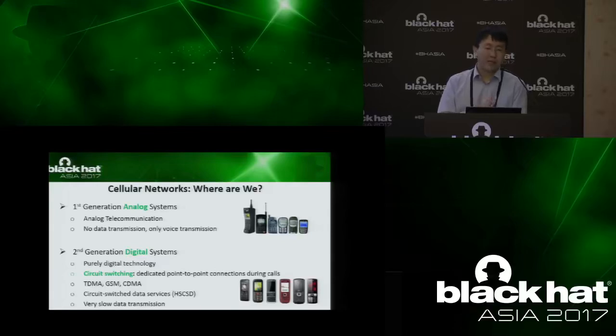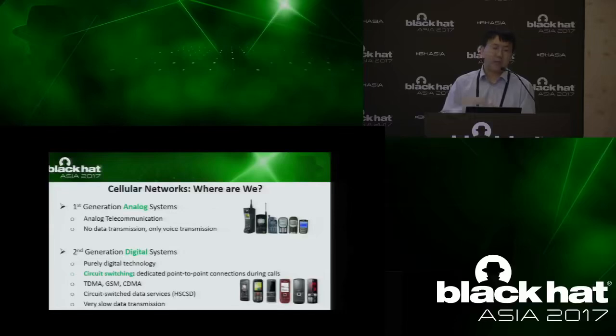Then in the early 1990s, we had the second generation. The feature of the second generation is digitalization, which means the voice and data are digitalized before transmission. However, it is limited to circuit switching, which requires a dedicated point-to-point communication between the sender and receiver when exchanging messages.